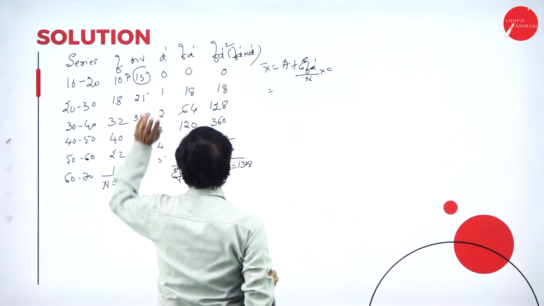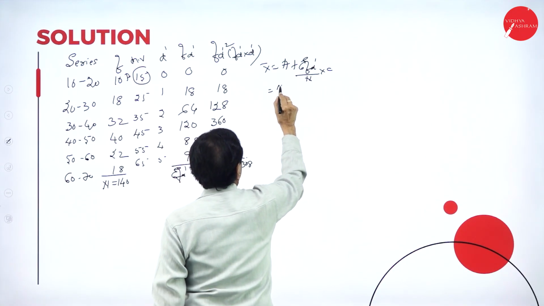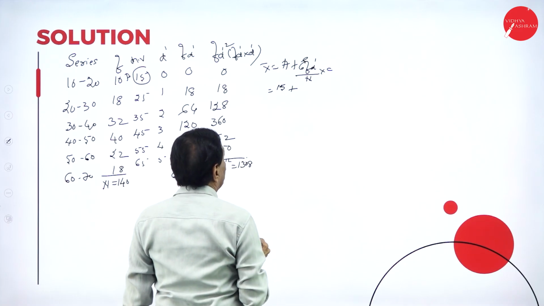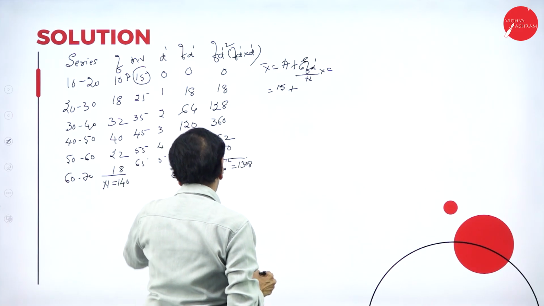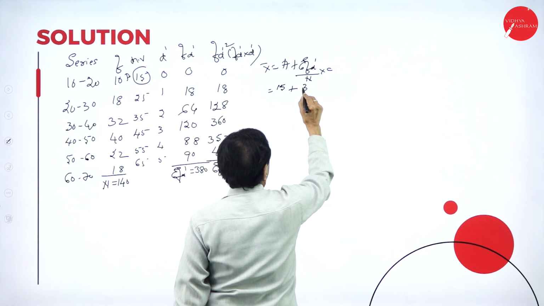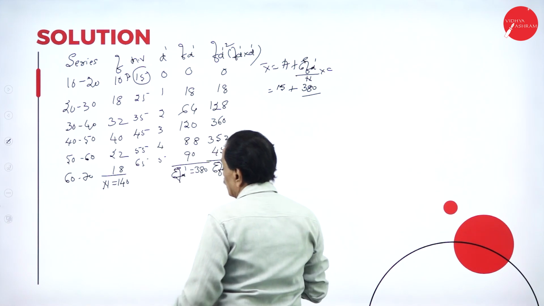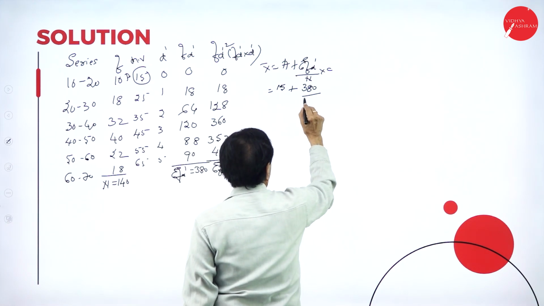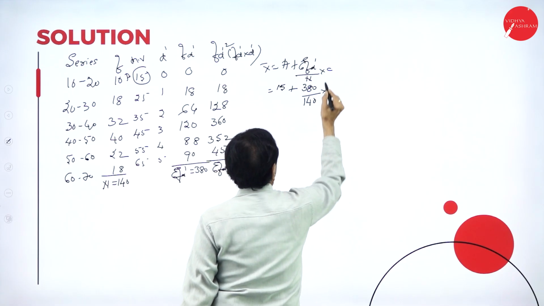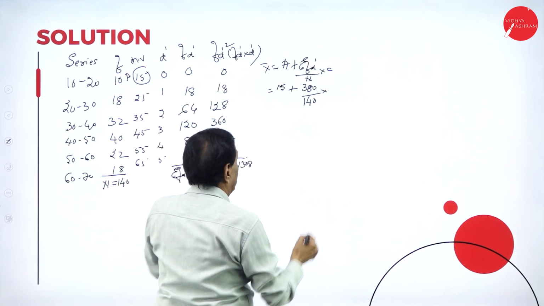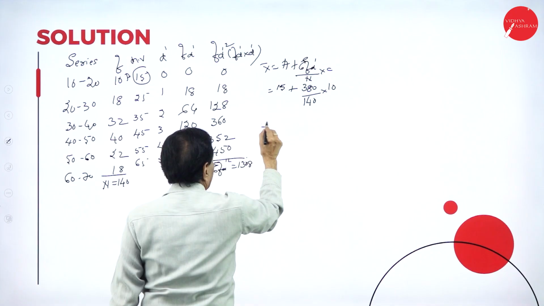What is assumed? 15 plus. Sigma f d dash is 380. Number of frequency n is 140. C is the class interval, 10 to 20 means 10. This is 15.